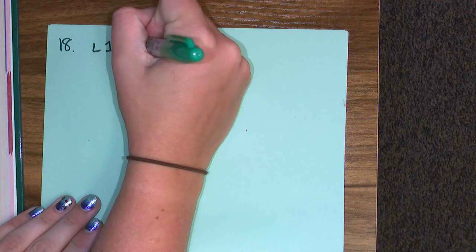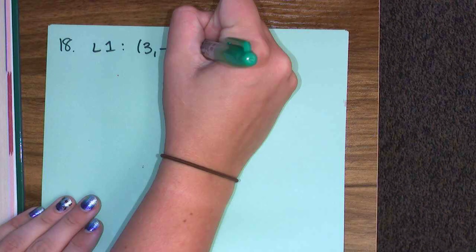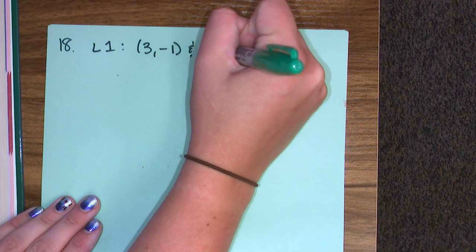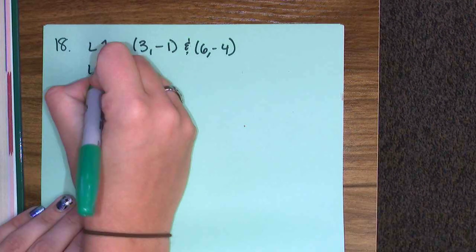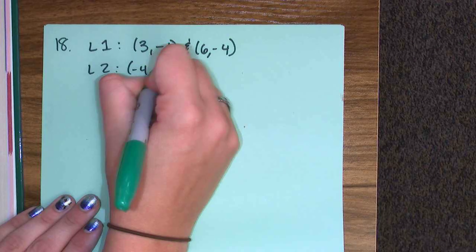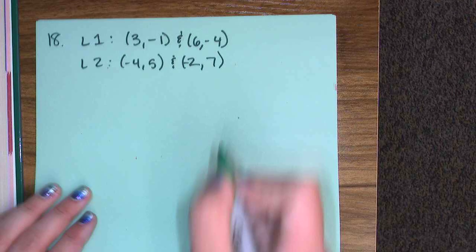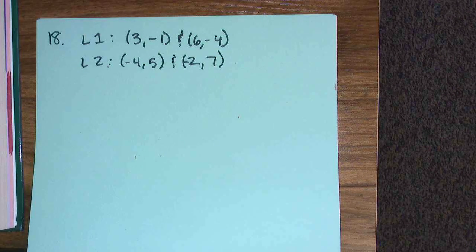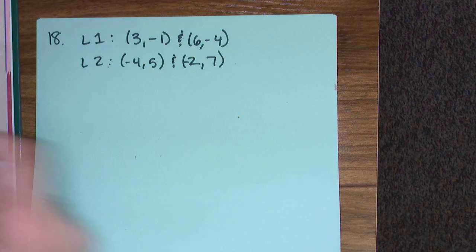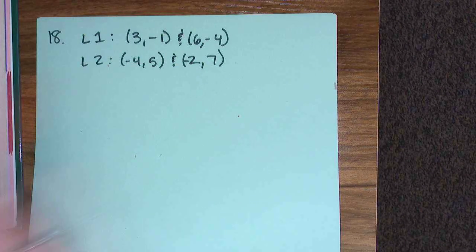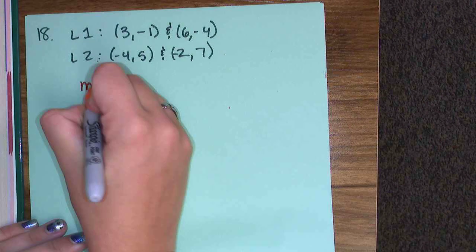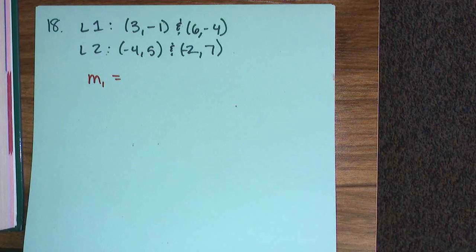So let's start with 18. Line 1 is 3, negative 1, and 6, negative 4. And then line 2 is negative 4, 5, and negative 2, 7. Alright, so I need to do the slope of line 1, and then I need to do the slope of line 2. So my slope of the first one, somebody set it up for me.